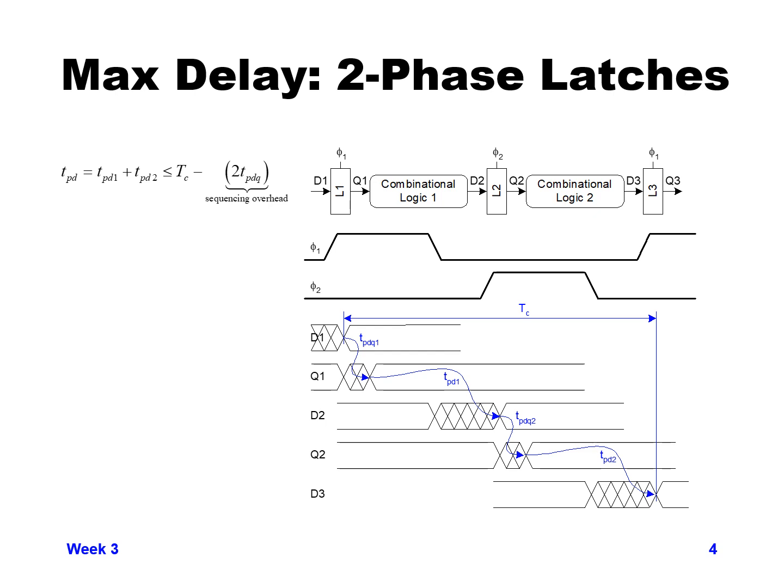So in this particular case, our sequencing overhead is two times the propagation delay through the latch, because we went through latch 1 and latch 2, and so for each cycle we only have a sequencing overhead of the propagation delay through the latch.